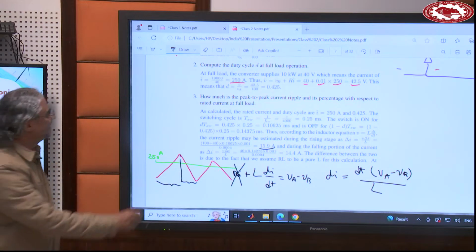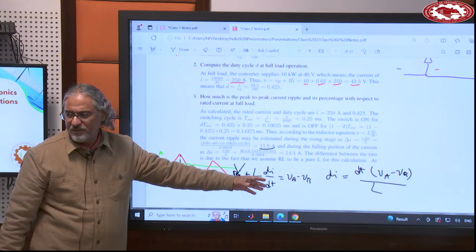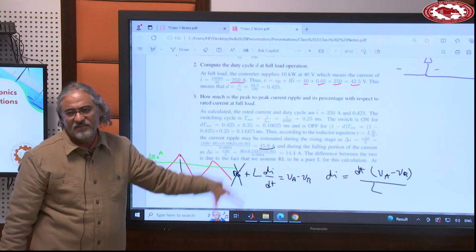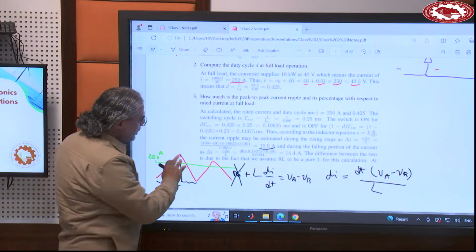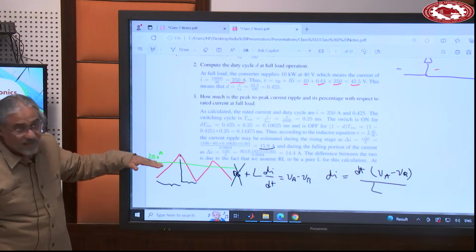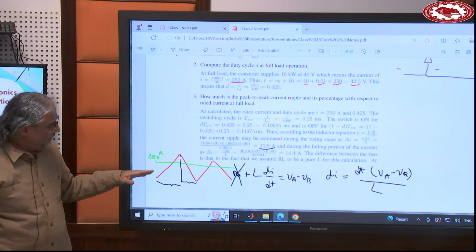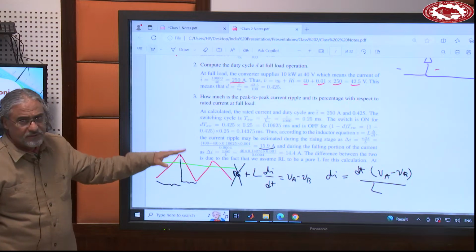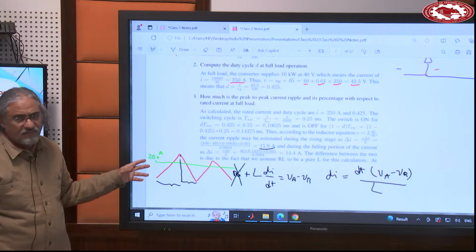But if you don't like it, you need to consider this term also and solve the equation. It's a little bit of mathematics, and then find the exact value. So conclusion, 250 is the average current in the steady state at the rated operation, peak to peak 15 amperes. And so it's like 7%.